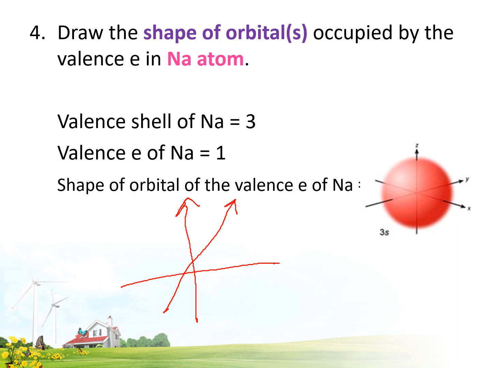This is z-axis. This is x-axis. And we label first, this is 3s orbital. And 3s is a spherical shape, like the ones we have here. So there you are, the shape of orbital 3s that is occupied by the valence electron of sodium.